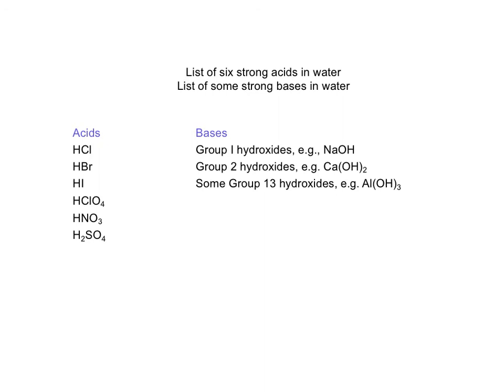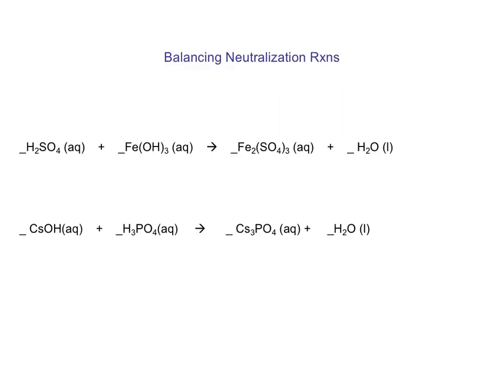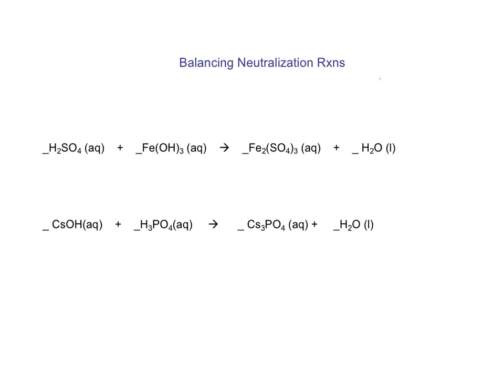So you can get sodium hydroxide, calcium hydroxide, or aluminum hydroxide. Those are some examples of strong bases, 100% dissociation. Don't worry about those. That comes up next semester with some detail.